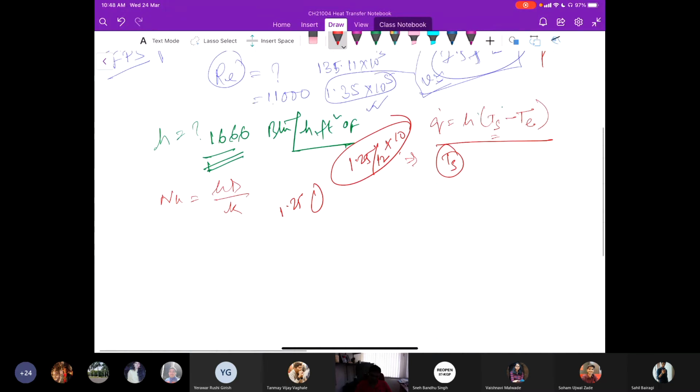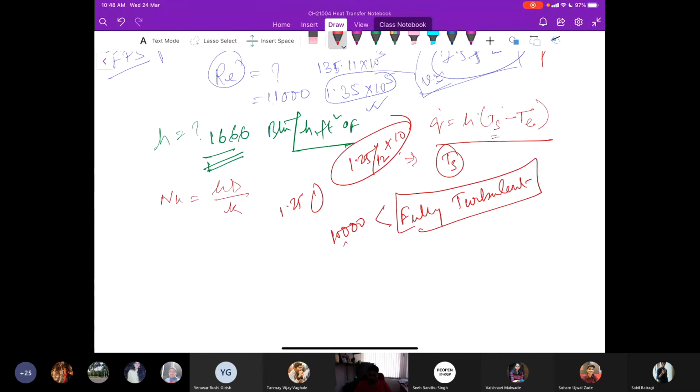Okay, so there are steps to follow. Immediately we say that it is fully turbulent flow when the Reynolds number is more than 10,000 in internal flow. And then we calculate the length of the pipe or the tube.